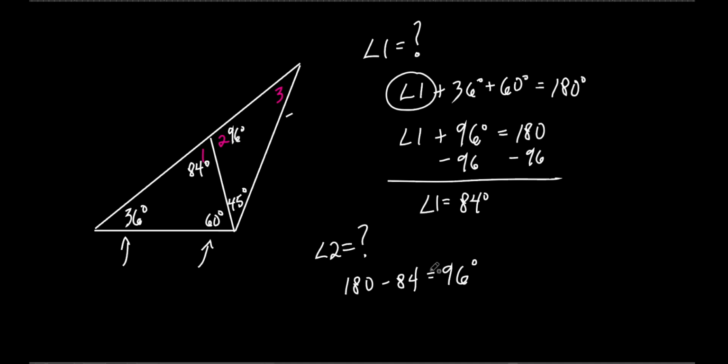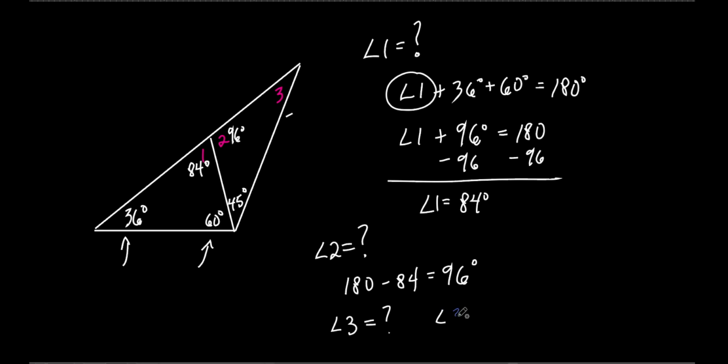Now, angle 3 should be fairly easy. So angle 3 equals question mark. Angle 3 is part of this triangle. It's actually part of the whole big triangle, but I would just use this little triangle up here, wouldn't you? It's got 3 angles, and now I know these 2 angles, so I can find angle 3. So what am I going to do?